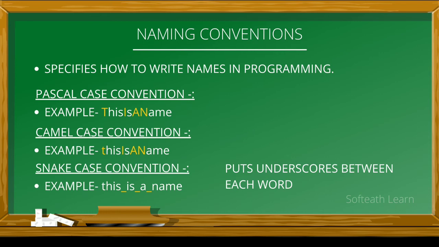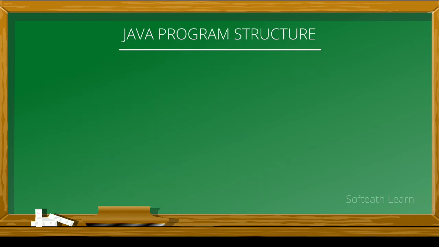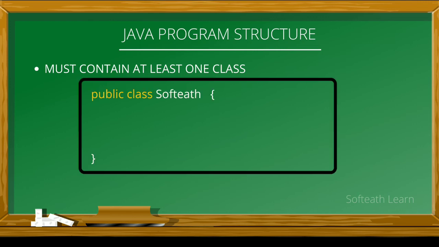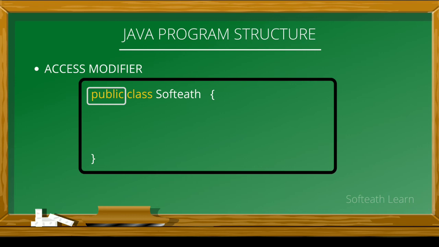So now we have all the information to see what a simple Java program looks like. What is the structure of a Java program? First of all, we have a class. Each Java program will contain at least one class. Now look at this. We have this access modifier which is public, and after that we are creating a class called Softeath and we are opening the braces of the class.